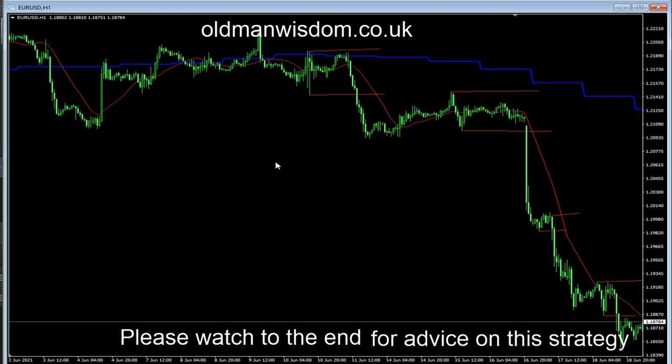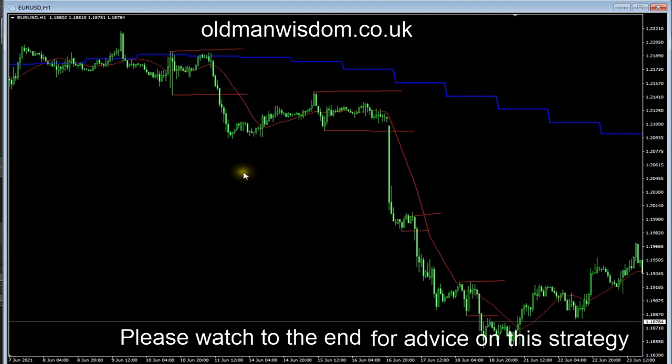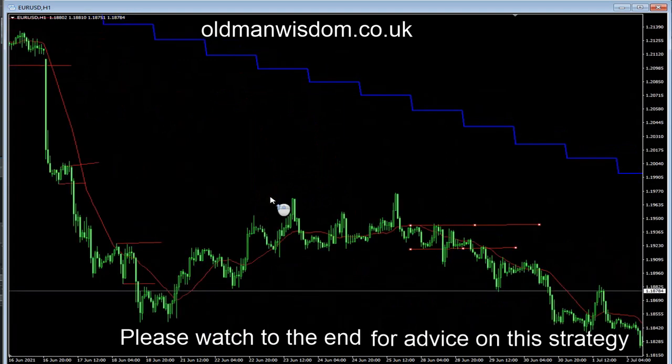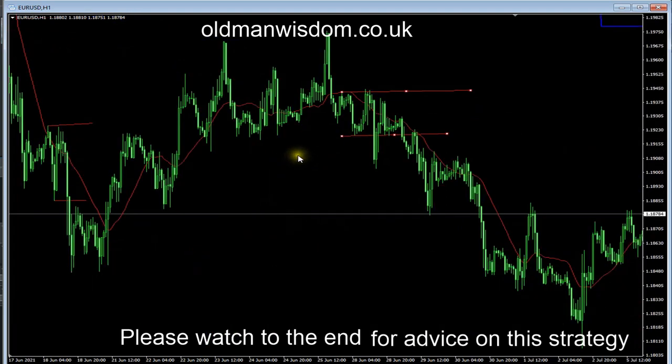So if you do try this on a live account, please use a very small amount of money, because I would hate you to lose anything at all. But of course, trading carries risks that we all understand mean you can lose money. So please, I just want to clarify that. Be very careful when you're trading a new strategy or one that you're not used to.